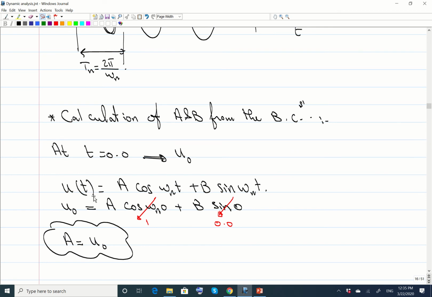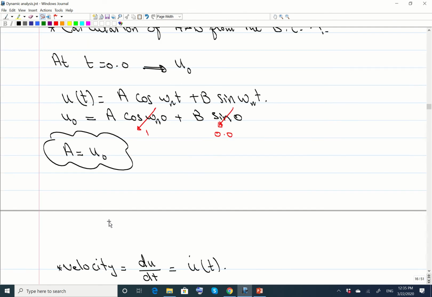When t equals 0, the displacement is u naught. So u naught is equal to a cosine 0, which is 1, plus b sine 0, which is 0. So a will be u naught. The constant a is the initial displacement.